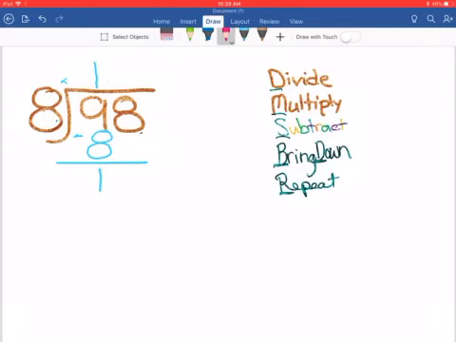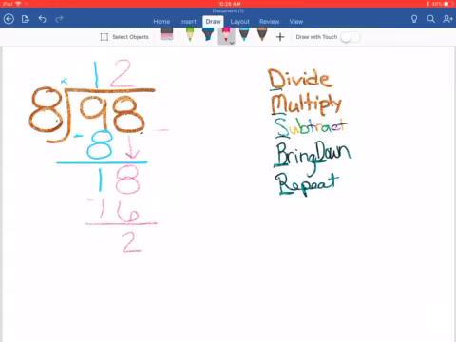Now, after I subtract, I bring down the 8, and I'm going to divide 18 by 8. So how many 8s are there in 18? Well, there's 2. It's as close as I can get. Multiply 2 by 8, and that gets me 16, with 2 left over.